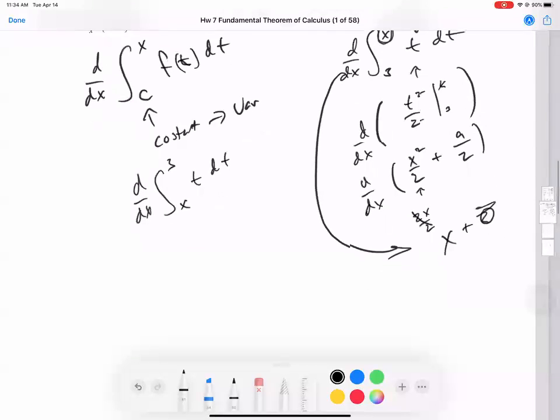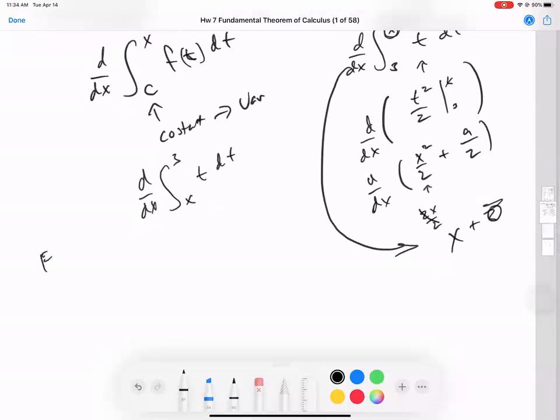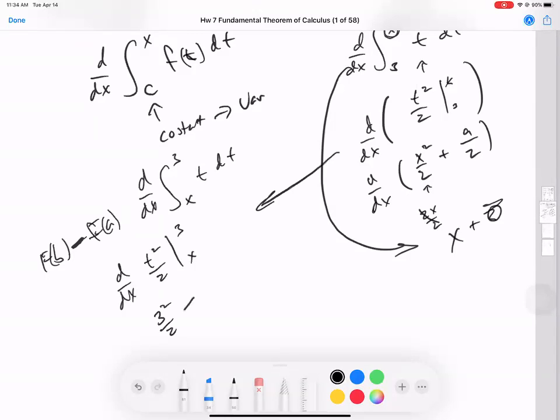But if I do the same thing here, remember, it's f of b minus f of a. So what happens here is when we plug it in, let's copy this section here. It'll be d over dx of t squared over 2, plug in 3 and x. So it would be 3 squared over 2 minus x squared over 2. And we gain a negative sign.